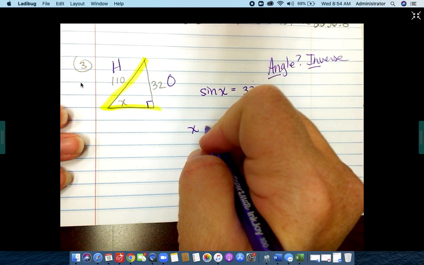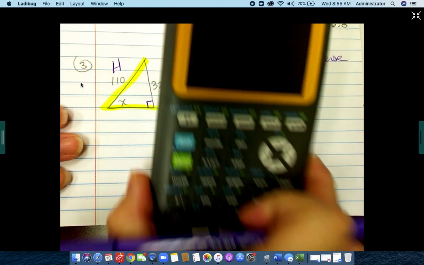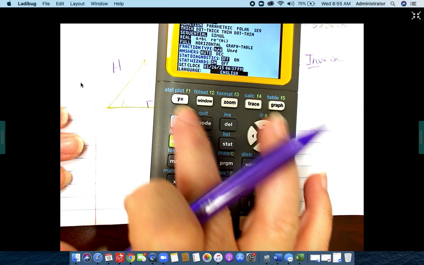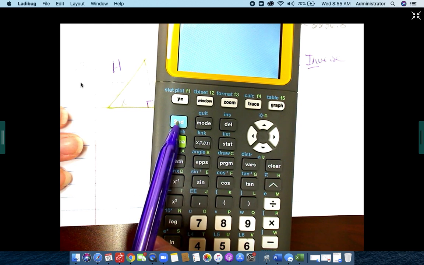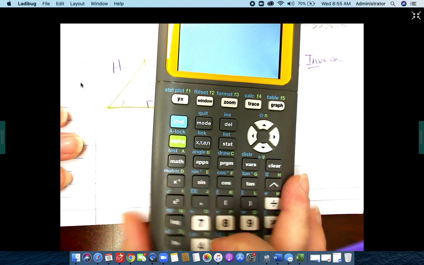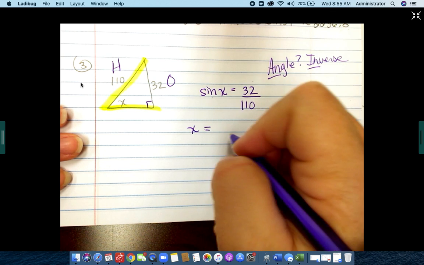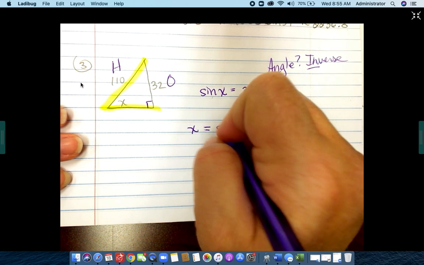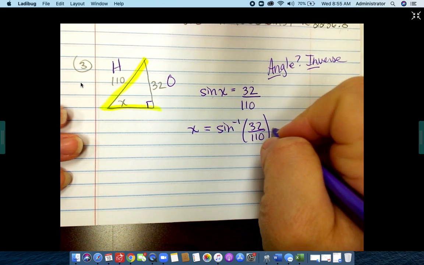So that means x will be equal to the inverse of sine. And recall on your calculator that means we're going to be pressing this to get sine inverse, which looks like sine to the -1. We're going to hit the blue second button, then sine. Inverse sine of 32 over 110.